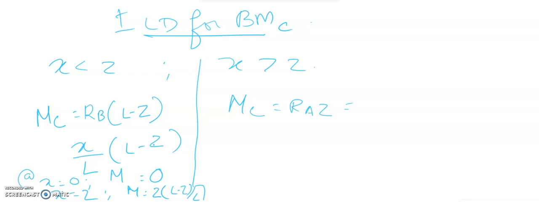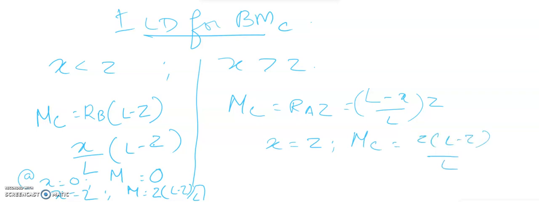That is equal to L minus x by L into z. Next, at x equal to z, you have bending moment equal to z into L minus z by L. And when x equal to L, we have MC equal to 0. Now you can plot the diagram.